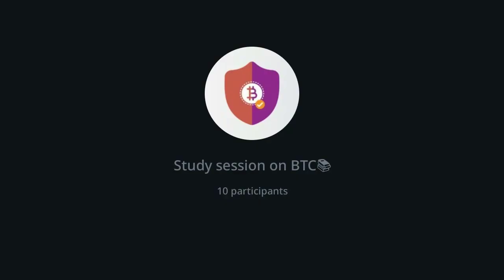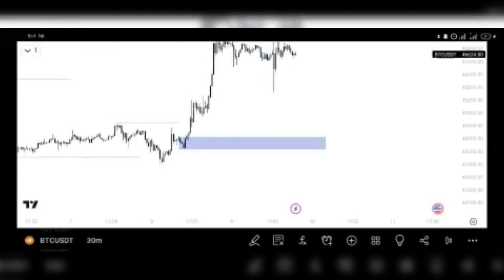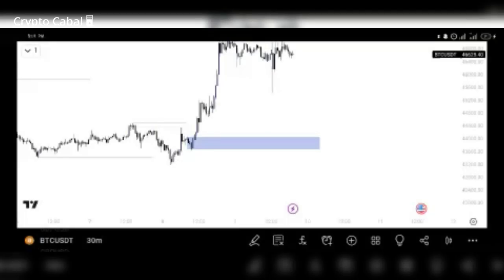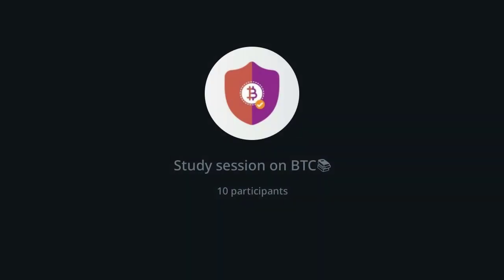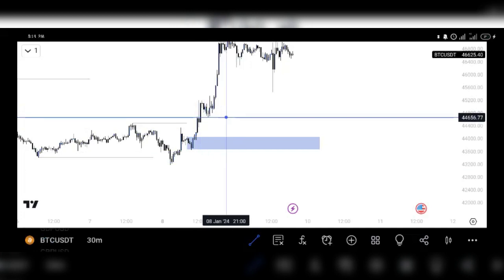Now, this particular point we are picking, does it have an inducement? Yes, it does, because we have points A, B, C, and I said our point C is always a trap.